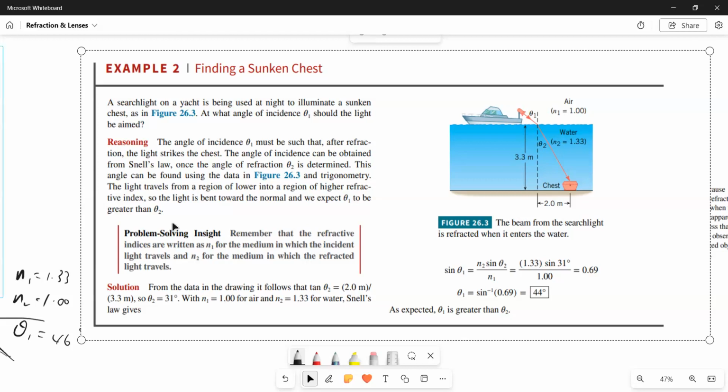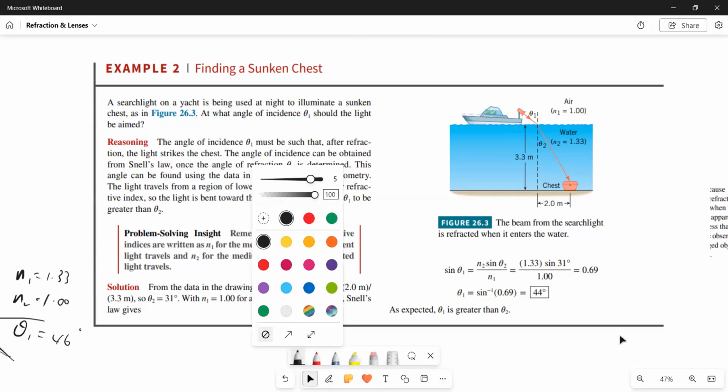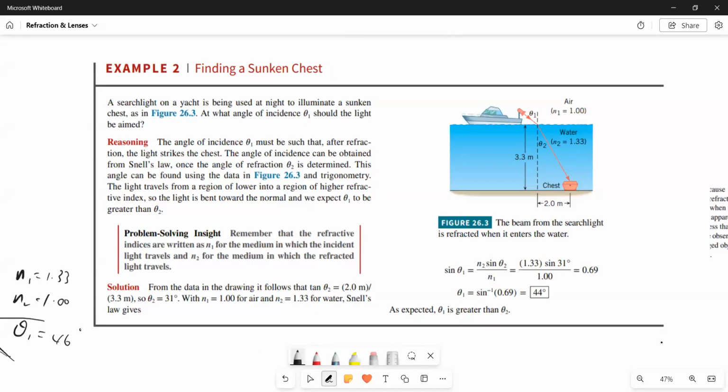So they give you some details there, right? You all know a little bit of trigonometry. So here, this depth here is 3.3, and this distance here is 2.0 meters. Do you know how you can find this angle in here, theta 2, using the tan ratio?